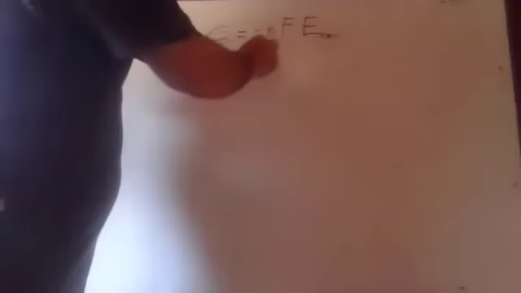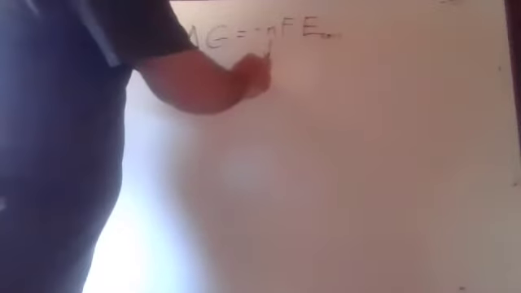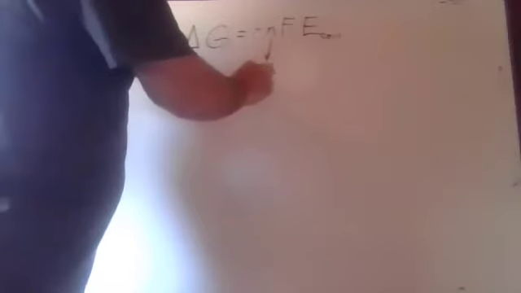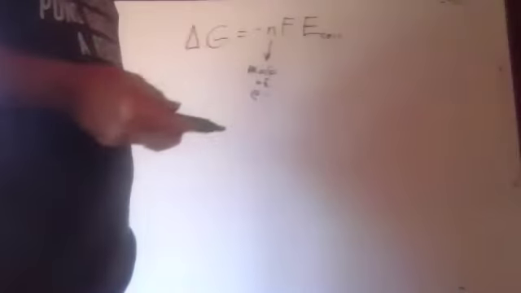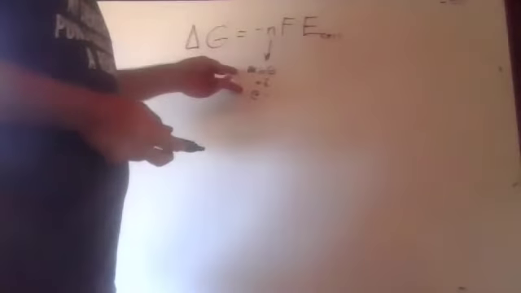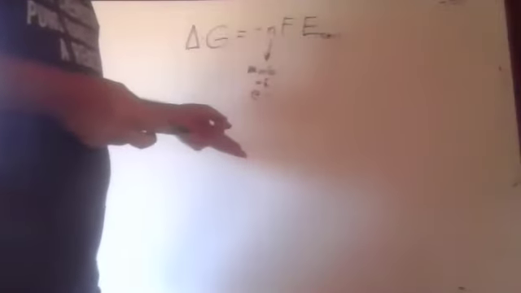Okay, delta G is equal to minus NFE, where N here are the moles of electrons. And this would be per mole of reaction. This would be the moles of electrons transferred in a mole of reaction.